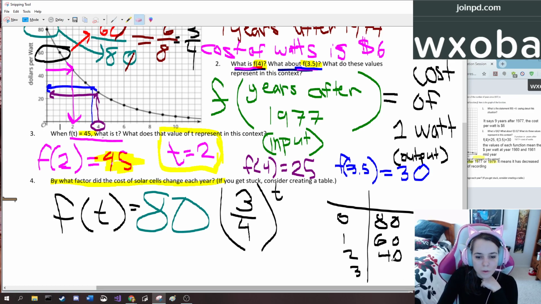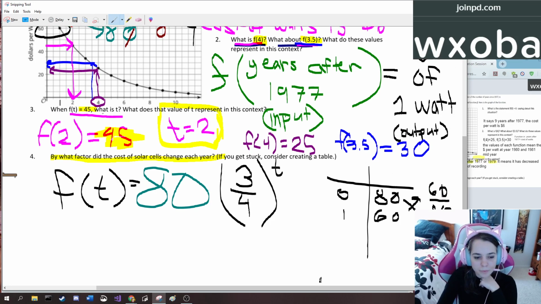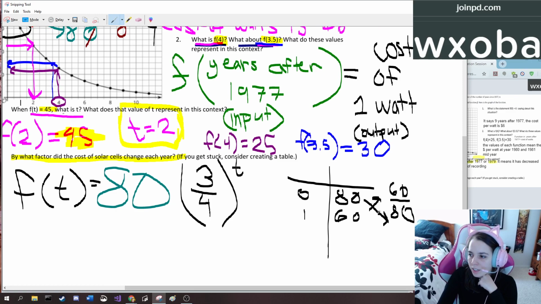But you're going to have to do the same sort of steps. You're still going to have to do 60 divided by 80 to find the growth factor, which if we simplify, we realize is 3 quarters.